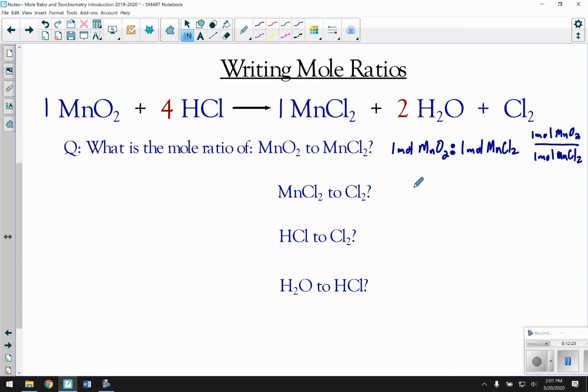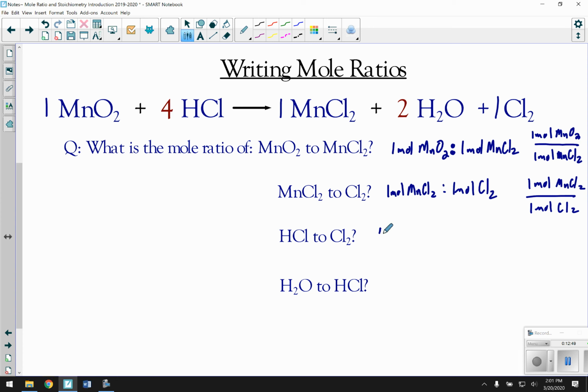What is the ratio of MnCl2 to Cl2? Well, again, I'm going to look at the coefficients. 1 mole MnCl2 to 1 mole of Cl2, or written as a ratio this way. How about HCl to Cl2?